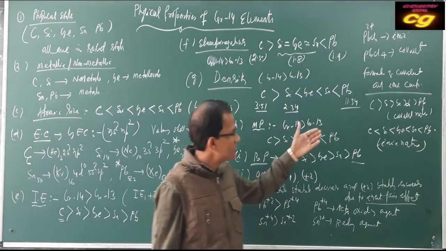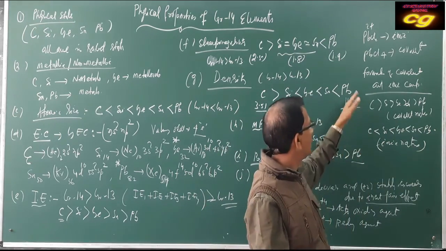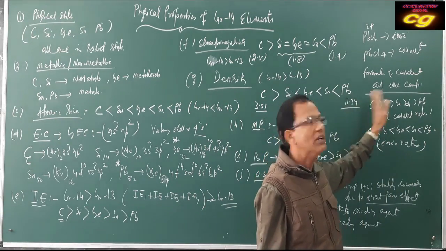That means the formation of ionic compounds increases from carbon to lead, and the formation of covalent compounds decreases from carbon to lead.